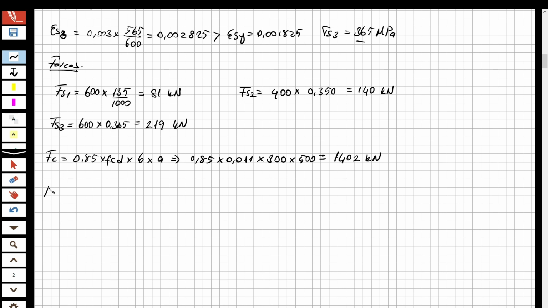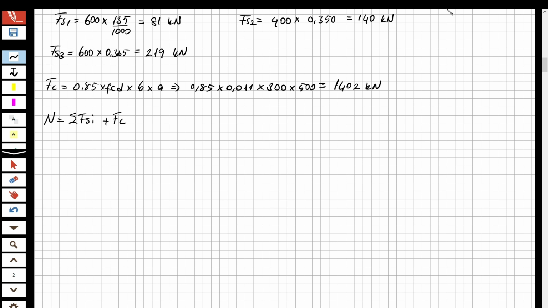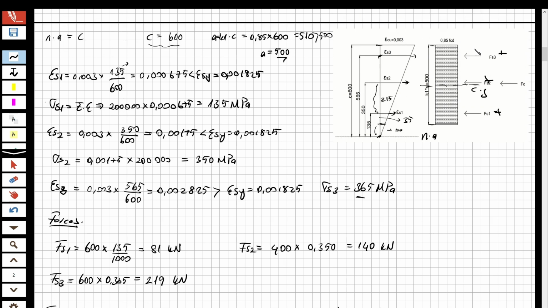So let's calculate the axial force. It is equal to total F steel plus F concrete, right? The formulation is like this, because look at here, we have to have an equilibrium. We have an axial force here. Due to equilibrium, the summation of this side is going to be equal to that side.